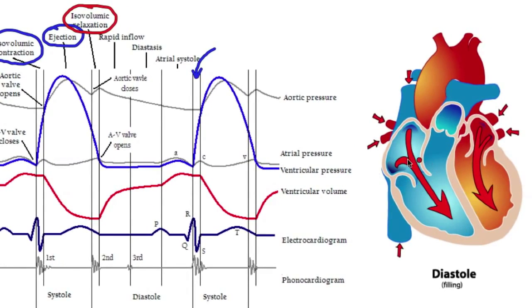You can see here during relaxation, this is where the filling happens. Blood is coming back from the body, blood is coming back from the lungs and entering the ventricle. So the ventricular volume is going to start going up again. It's going to increase, as you see here, the full thing increases until we get that P wave again, which causes atrial depolarization, and the cycle continues.